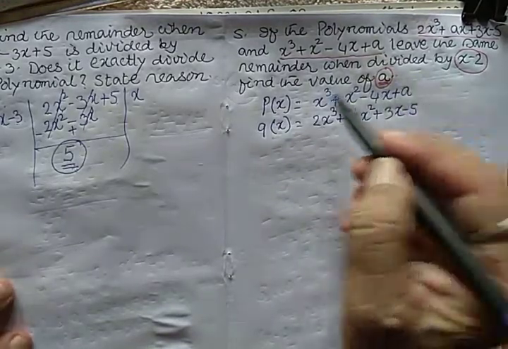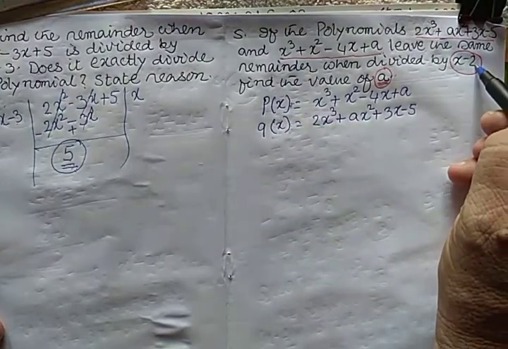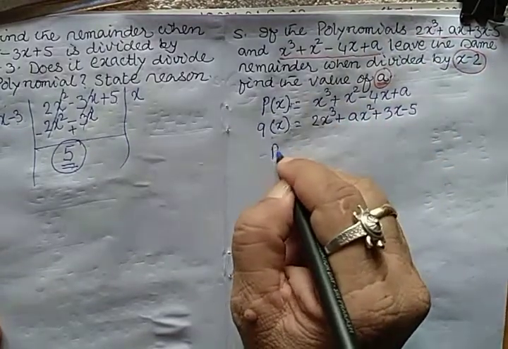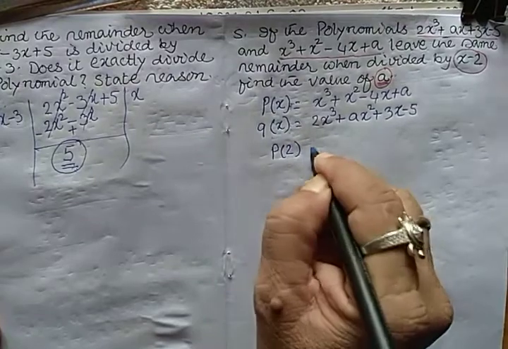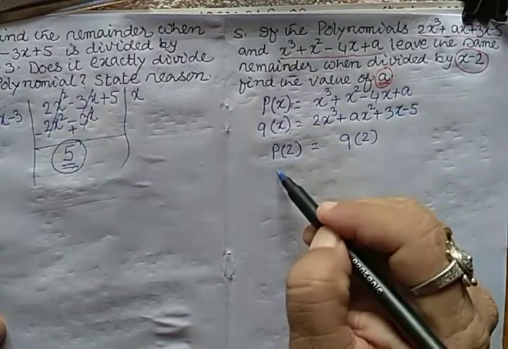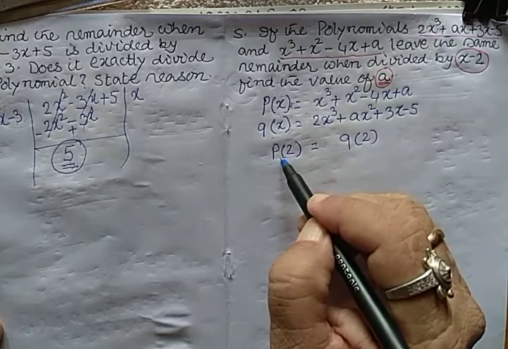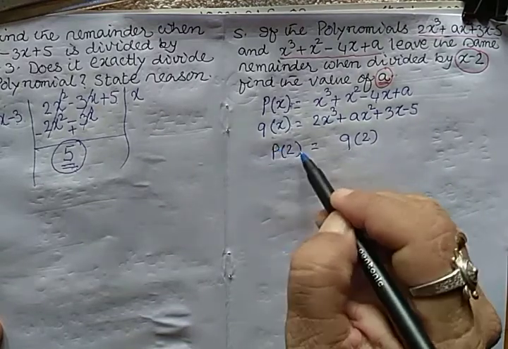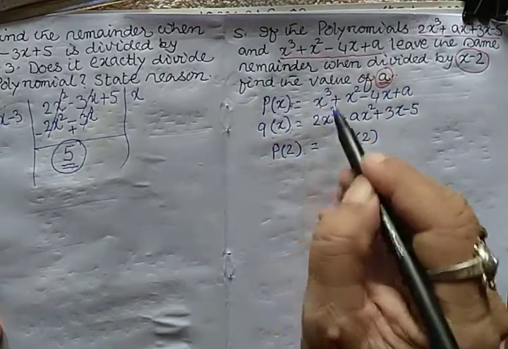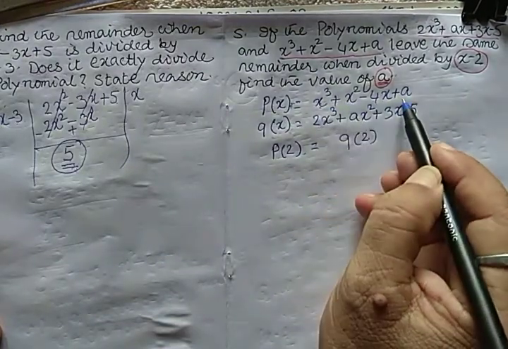What is given when these two polynomials are divided by x minus 2? They left the same remainder. That means p of 2 is equal to q of 2. So now let us find p of 2 for this polynomial. In place of x, we have to take 2.